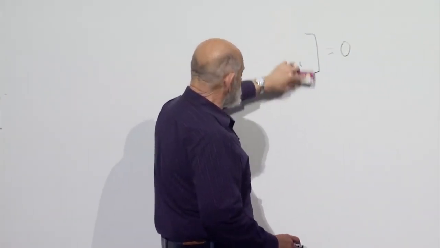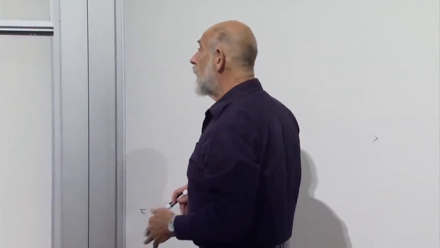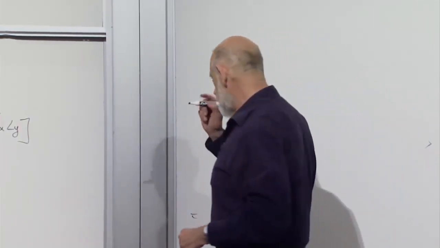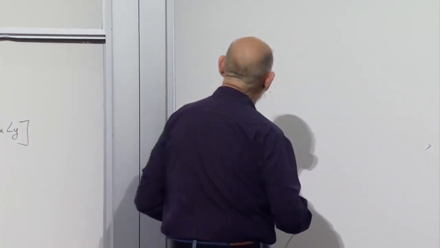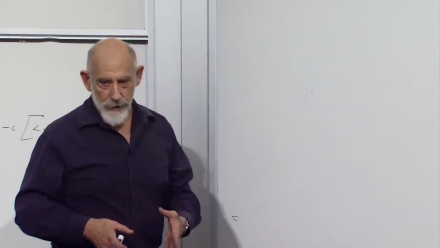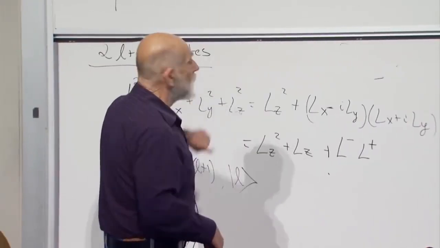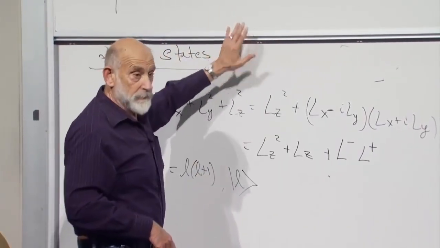These eigenvectors are functions. They're functions of the angles. Why? Because rotation only affects the angular dependence. They're functions, and what characterizes them? A value of m, the eigenvector of Lz.